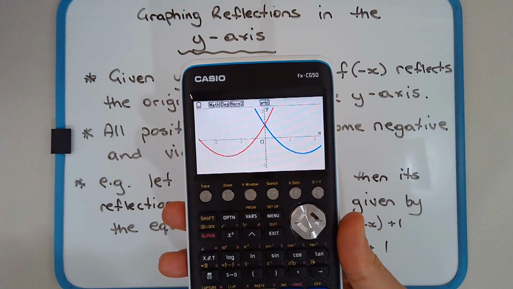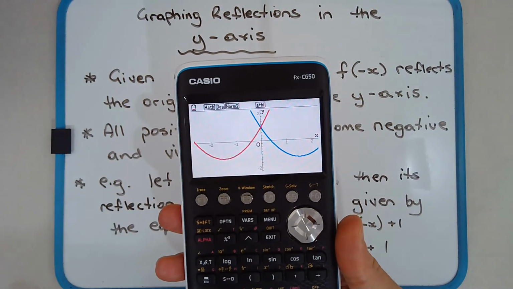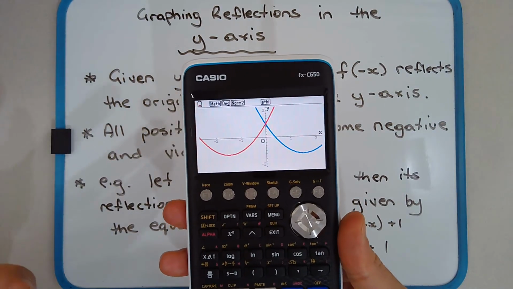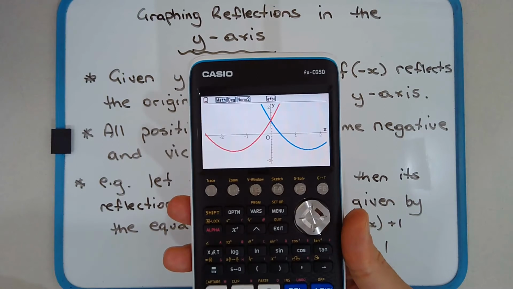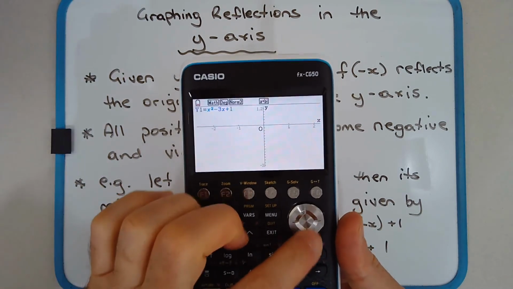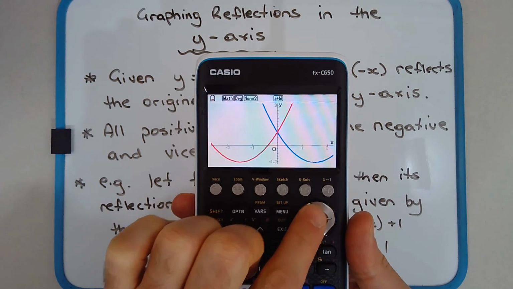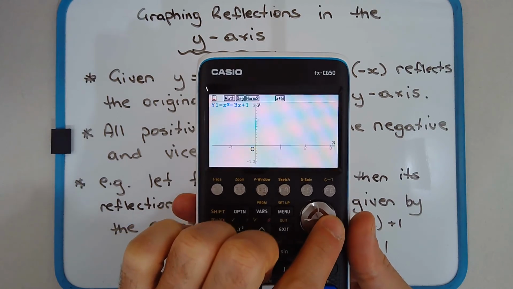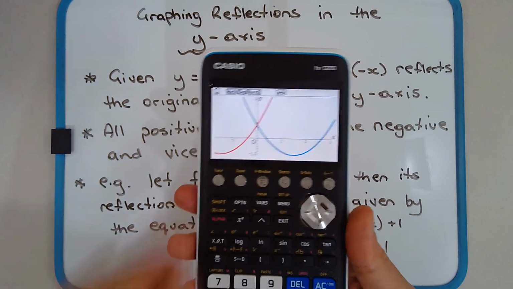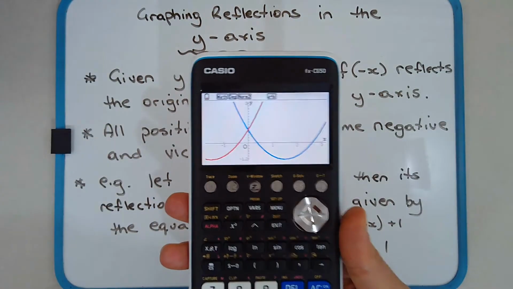And there you go. The blue parabola there is our original parabola, and the red parabola there is our reflected parabola. If I scroll around, you can see clearly the horizontal reflection. So it's a reflection in the y-axis there.